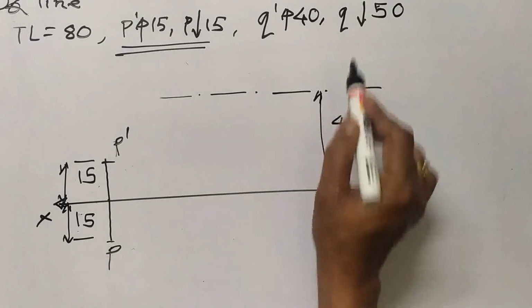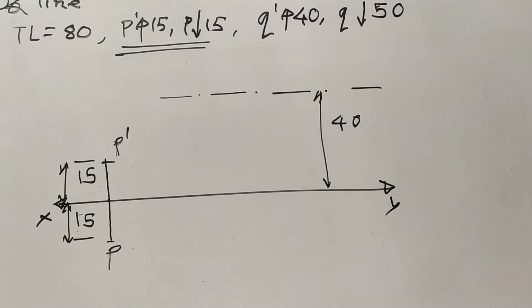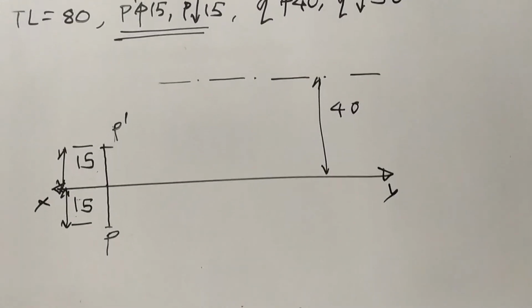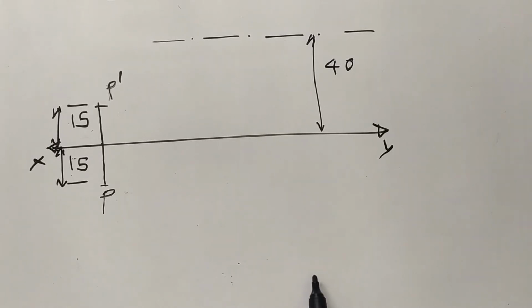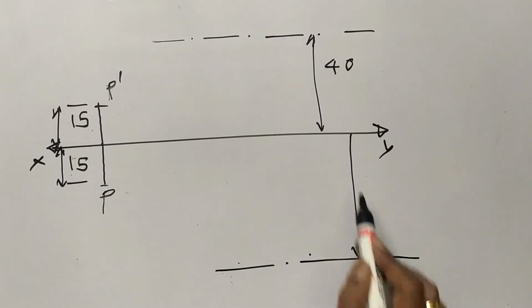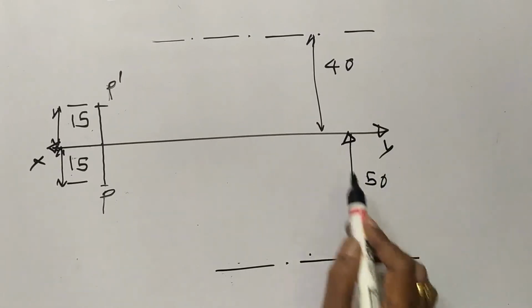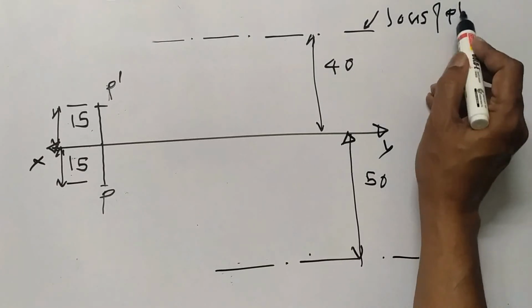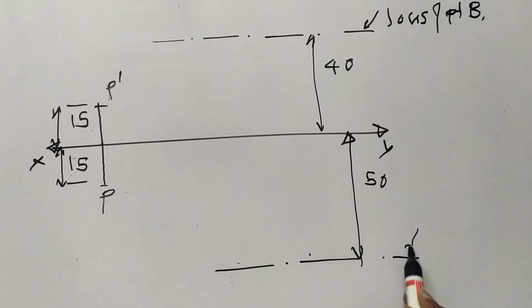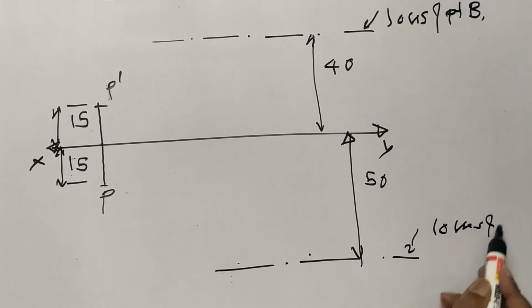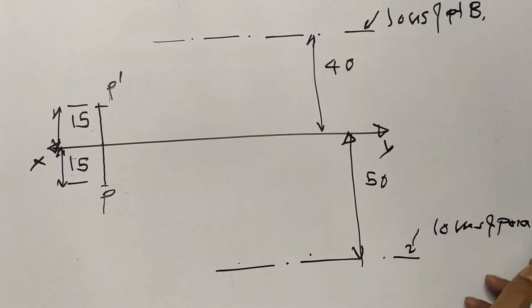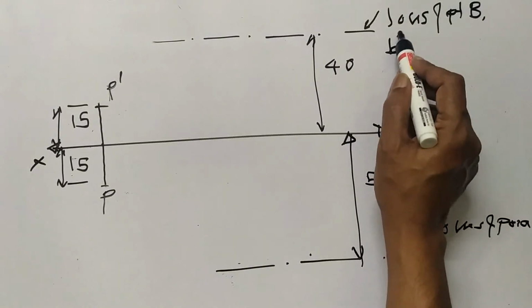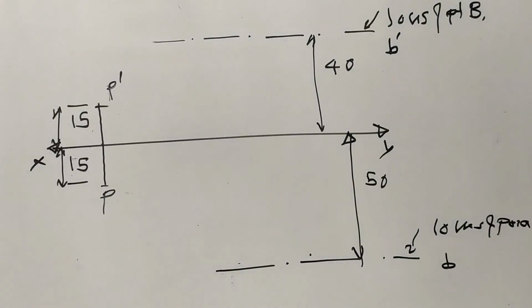Okay. And in front of VP, I will take another distance and I will draw a locus. Now this distance is 50 mm. So this is the locus of point Q dash, and this is also a locus of point Q. Here you will get Q dash and it will be Q, whatever may be.